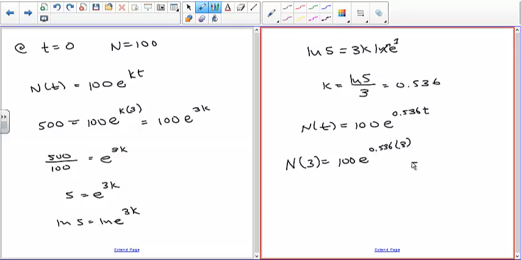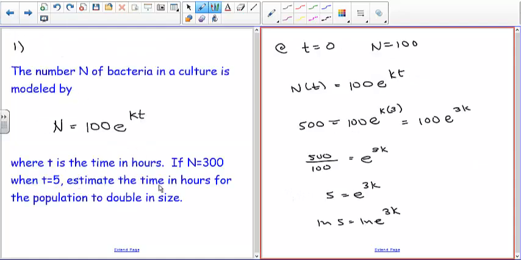So 100 times e to the 0.536 times 3 should be 500, which comes out to be 499.3, which is approximately 500. The reason is because I've just taken 3 digits for my k value. So that's close enough.